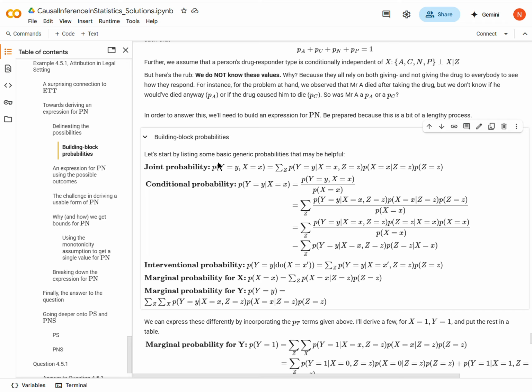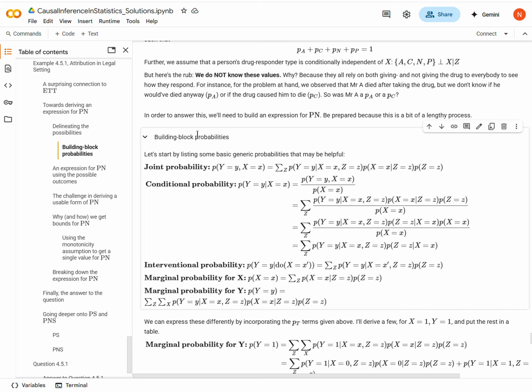Okay, so for instance, the joint probability of y and x equals this expression right here. Okay, so a joint probability can be written as conditional probabilities, and here I want to consider z, even though we just want x and y, so we're going to marginalize over z, but we get the probability of y given x and z times the probability of x given z times the probability of z, and that would be a joint probability.